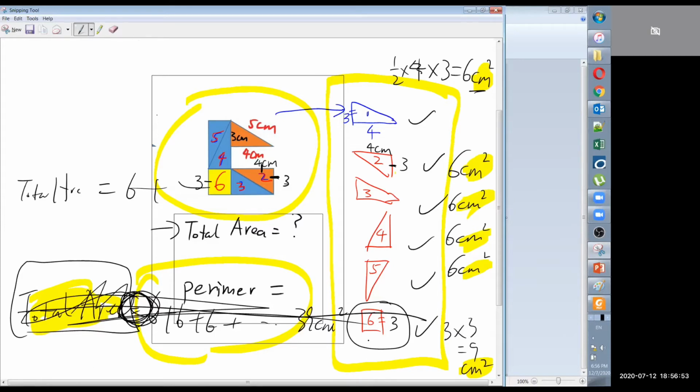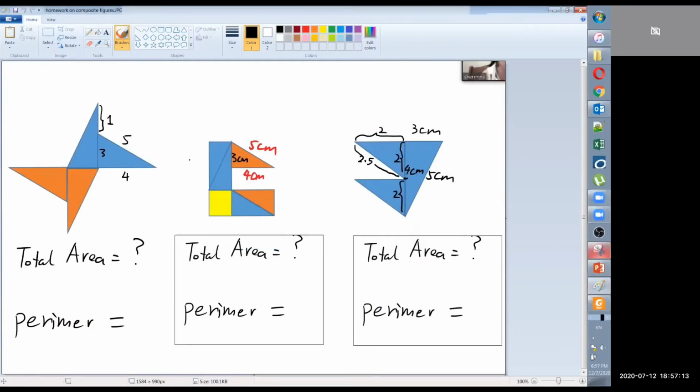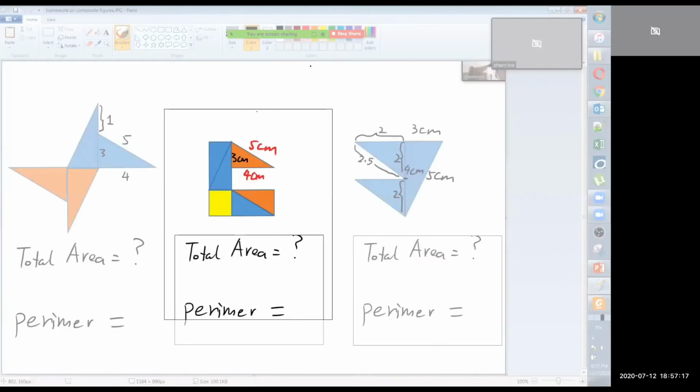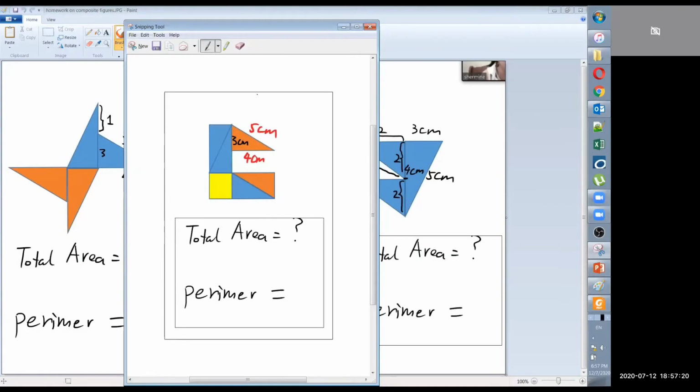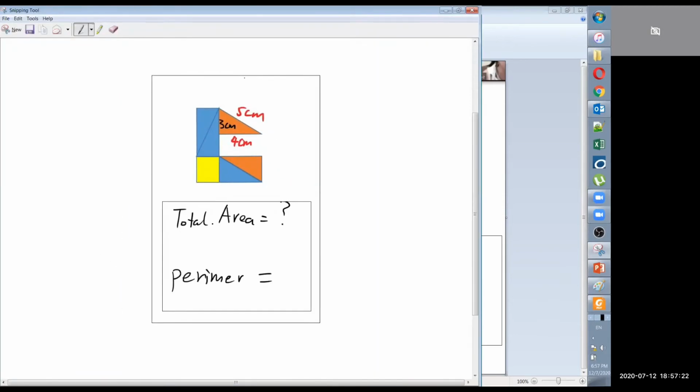Let me see. Okay, now it's good. Now it's much better. Alright, so this is the kind of work I expect from you to find total area. Now your job is to find out what is the parameter. Can you do for the parameter now? This question. So total area done.